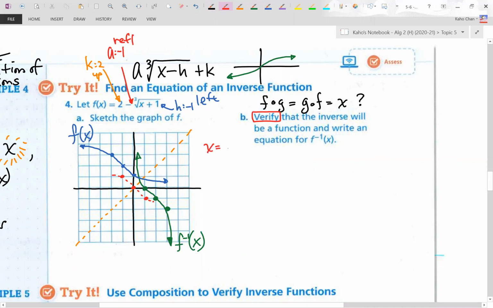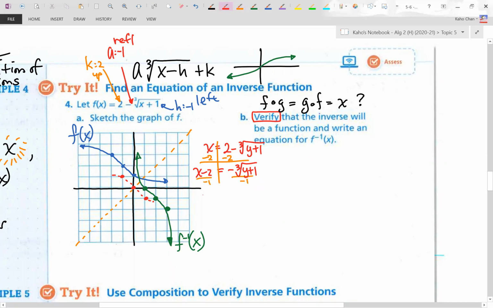x equals 2 minus the cube root of y plus 1. Let's move everything away from y. I'm going to go ahead and subtract 2 from both sides. x minus 2 equals negative cube root of, this is ugly, y plus 1. Divide through by -1.